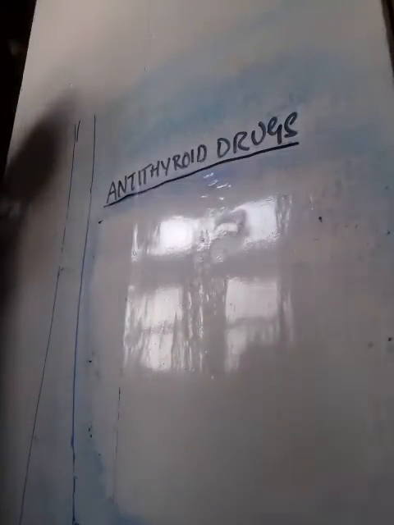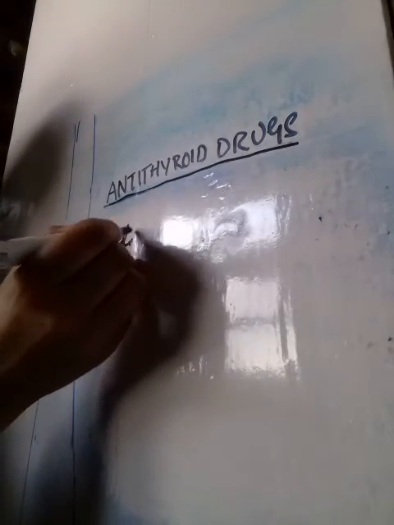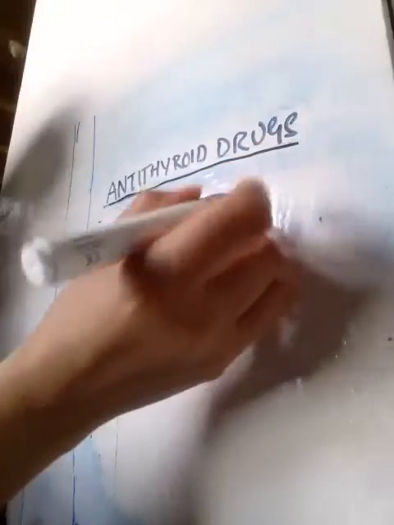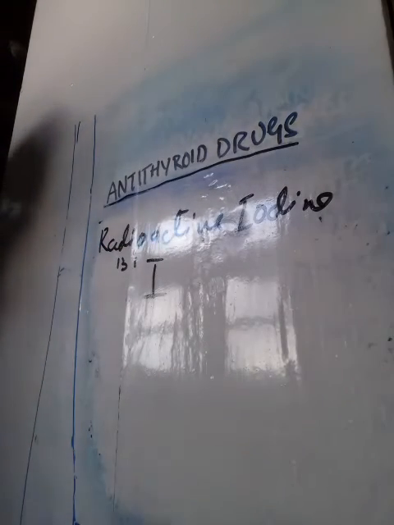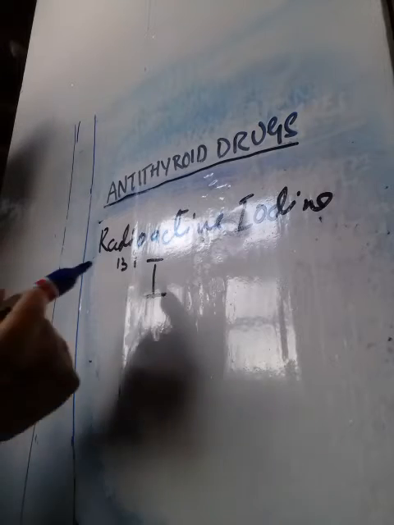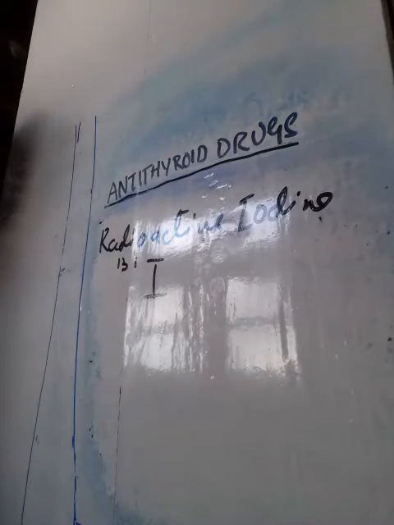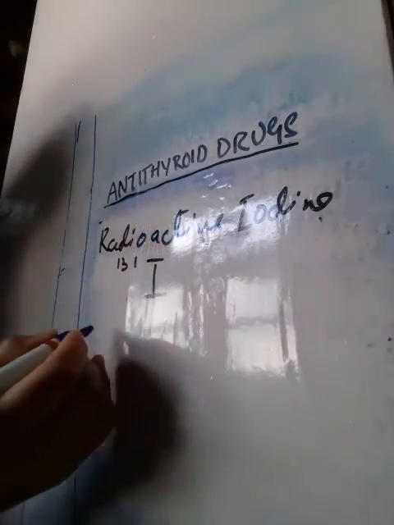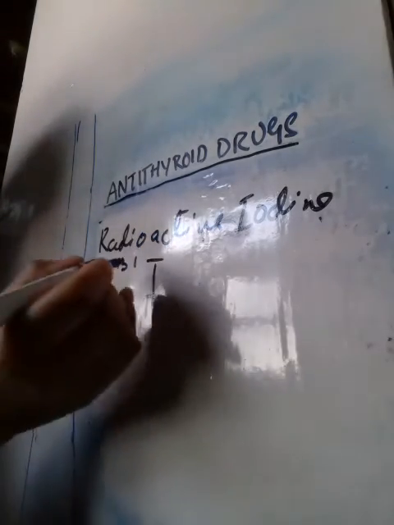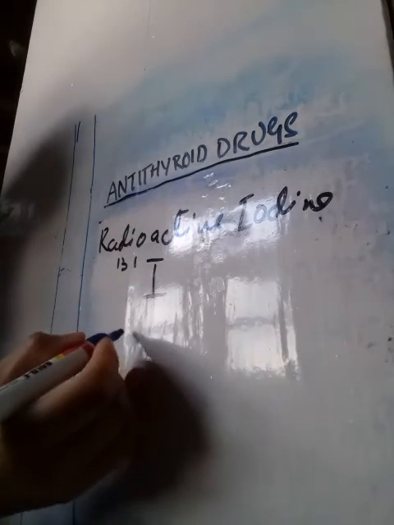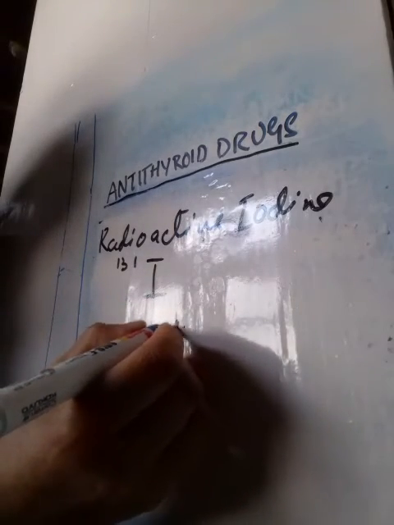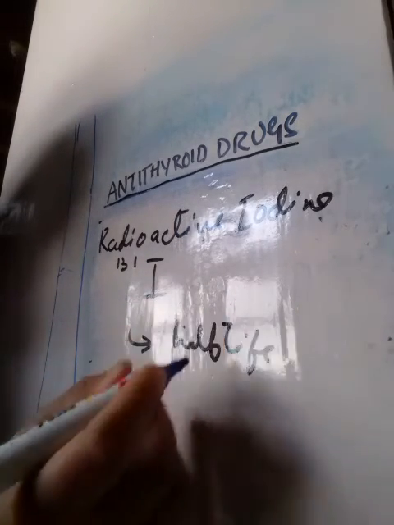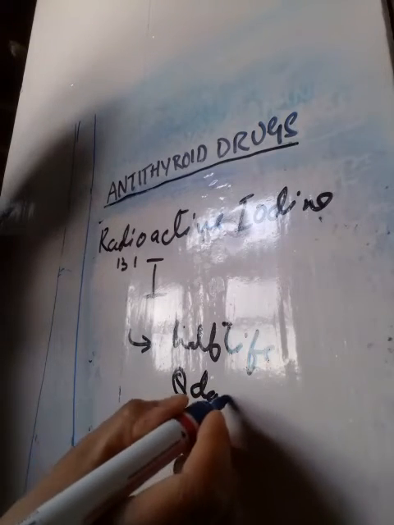Now coming to the radioactive iodine. In this case we use I-131 isotope. This isotope of iodine is a radioactive isotope and is used in oral solutions. Like other normal iodine, it's absorbed and trapped in the thyroid gland. Its half-life is about 8 days.